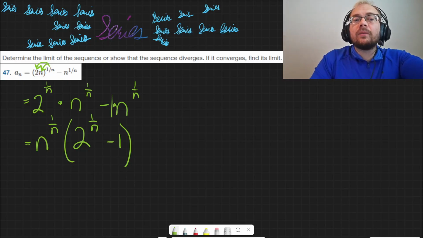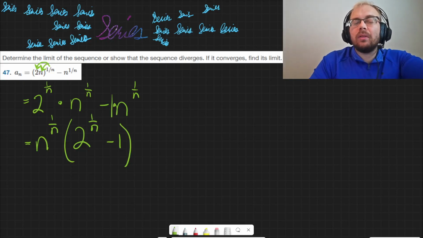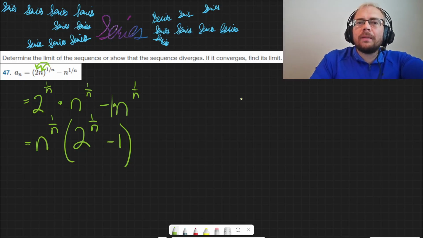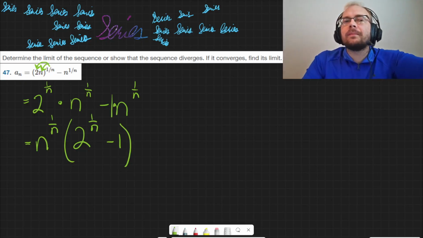And the reason why this is helpful is because we know that n to the 1 over n and then a constant to the 1 over n, the limit as that goes to infinity is 1. I've never tried higher degree polynomials, but I know for sure that anything that's like degree 0 or degree 1, or probably anything in between, would go to 1 as well.